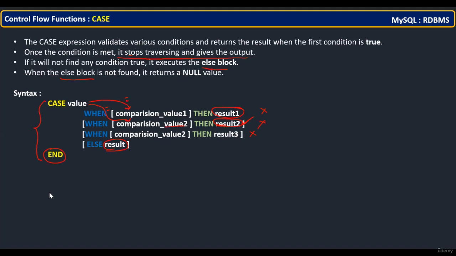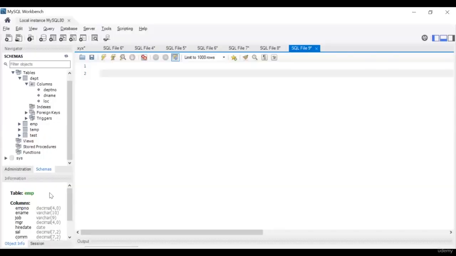Now let us see a simple hands-on session. For example, here: SELECT CASE, suppose I give 1. Then when it is 2, I'm going to return 2.